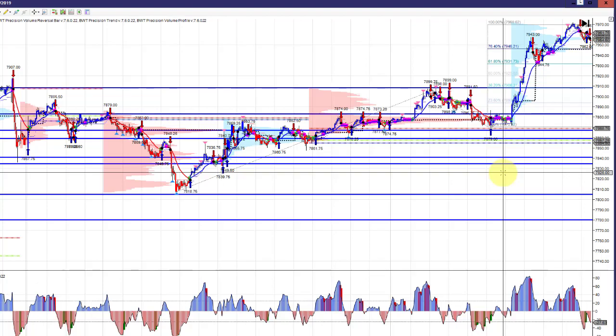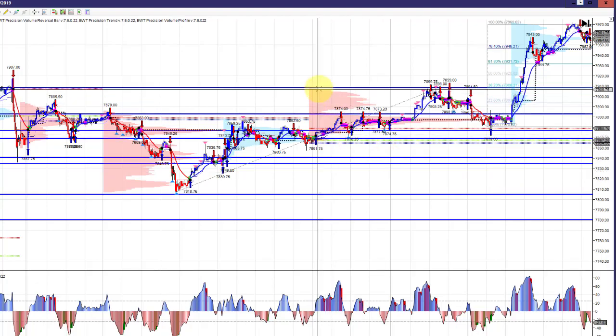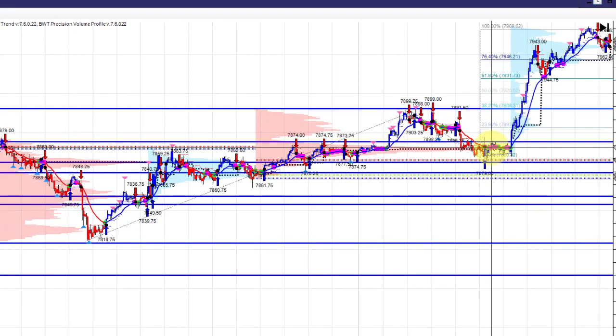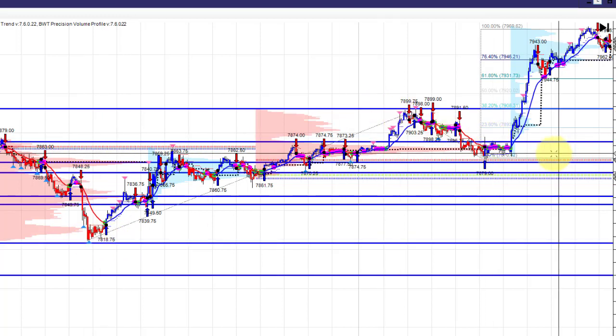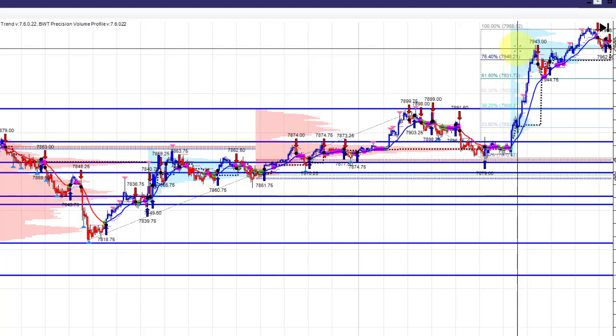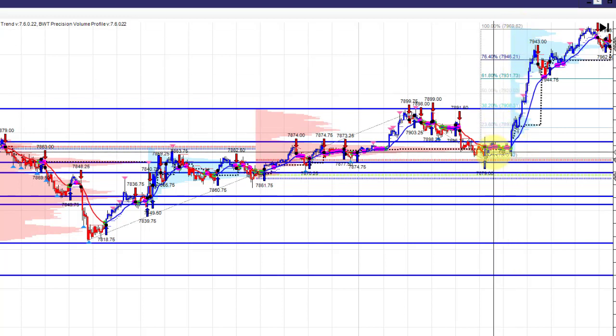And as I did that, and I had not done this previously, as it turns out, this was a measured move: from here to here is the same distance as from here to here. This was a 100% extension from this pullback from this low.